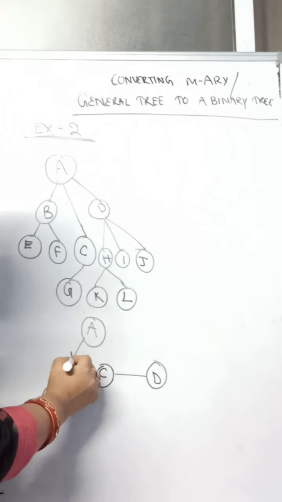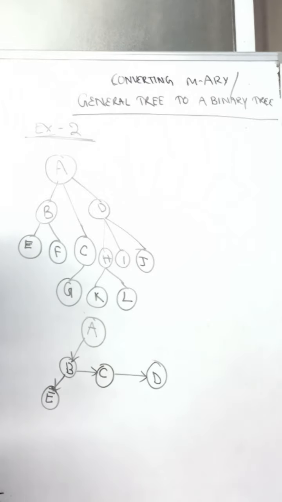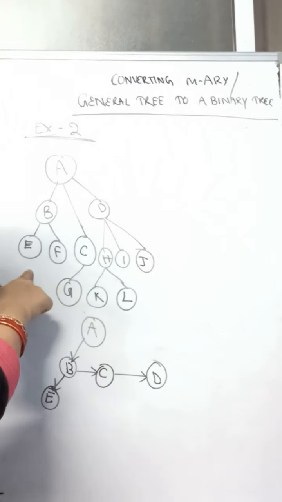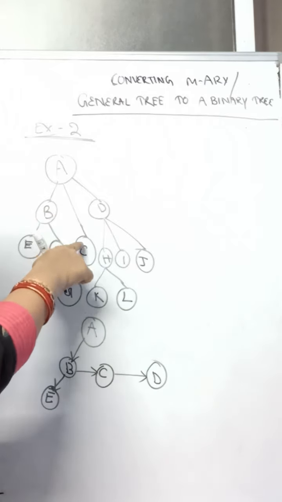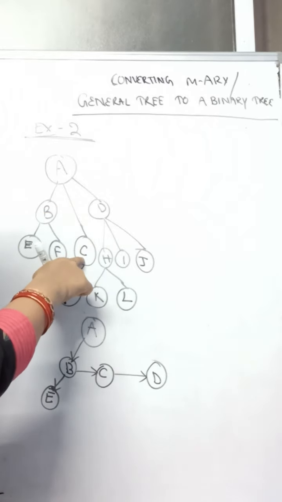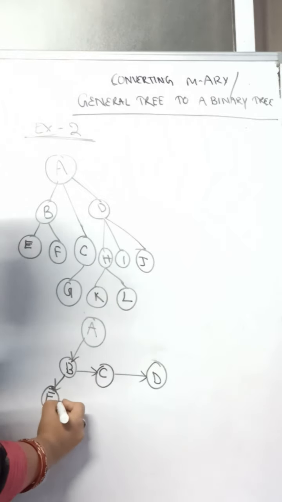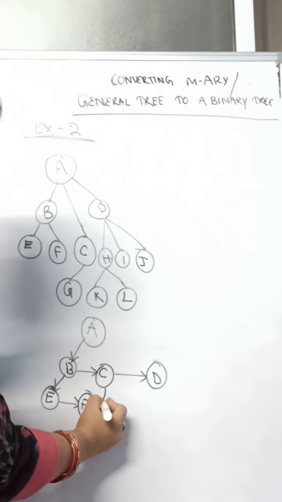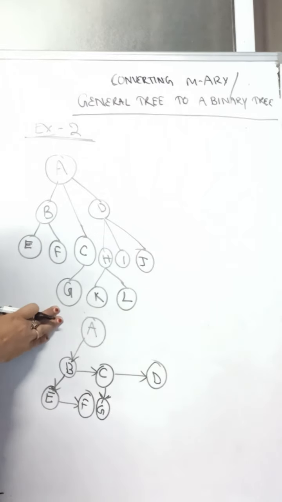Okay, so you can also give arrows so that during the conversion this will be easier for you. So C's left child is G. I have done B, then E, then B's right child is C, and C's right child is D. Then E, and E's right child is F. Then I have to keep G as C's left child, because it is the leftmost node.